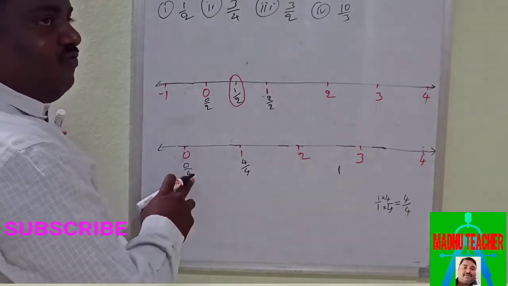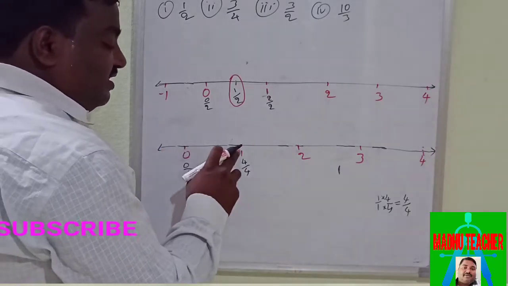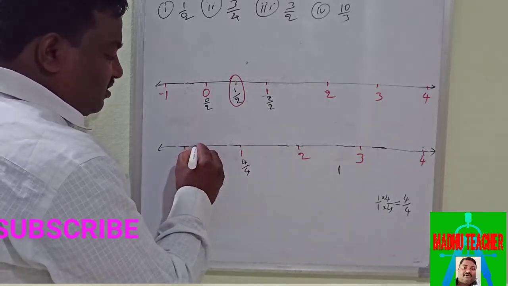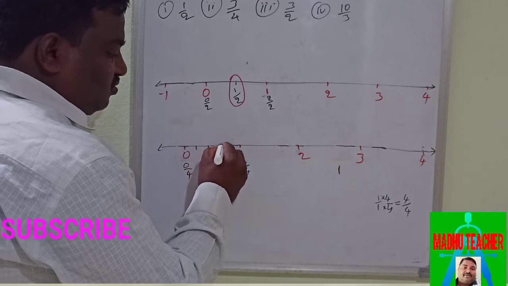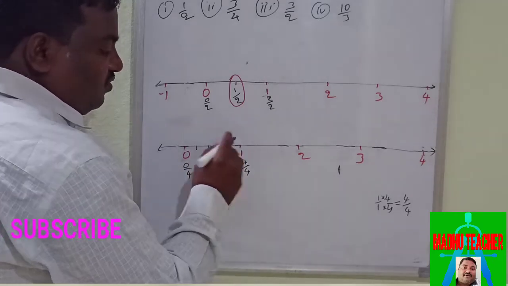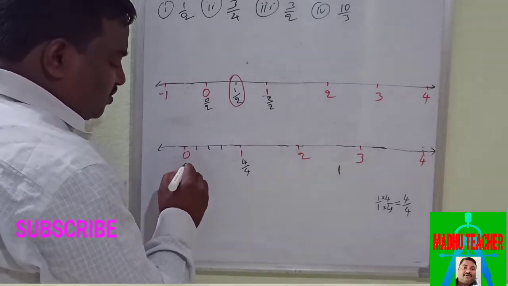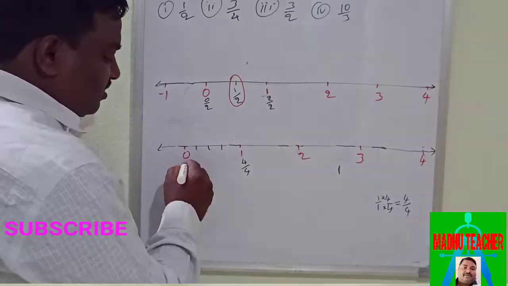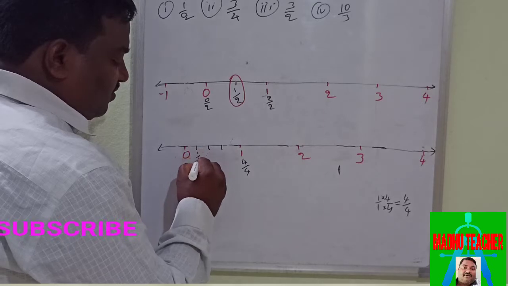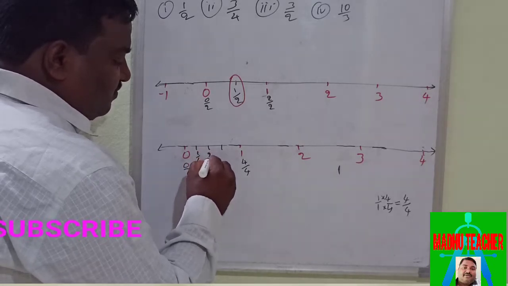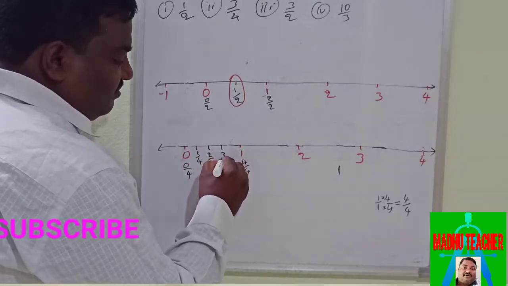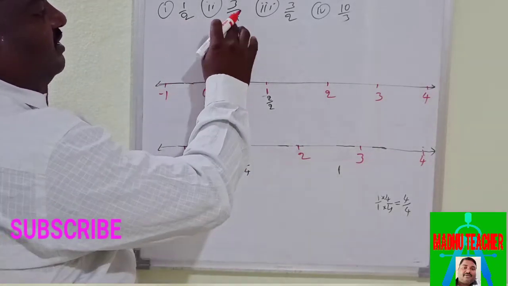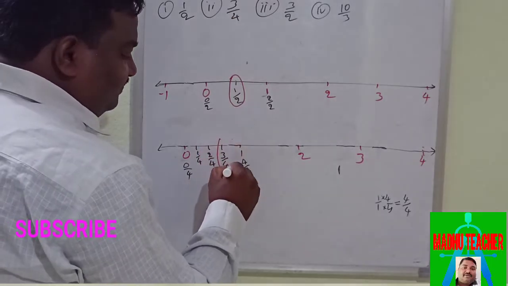In the denominator we have 4, so you have to divide this unit distance into 4 equal parts. That is 1, 2, 3, and it is 4. By moving to the right side, the value will increase. So after 0 by 4, we get 1 by 4. This is 2 by 4, and it is 3 by 4 and 4 by 4 itself. So here our rational number is 3 by 4.